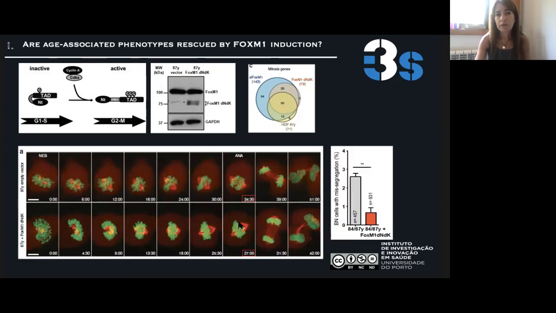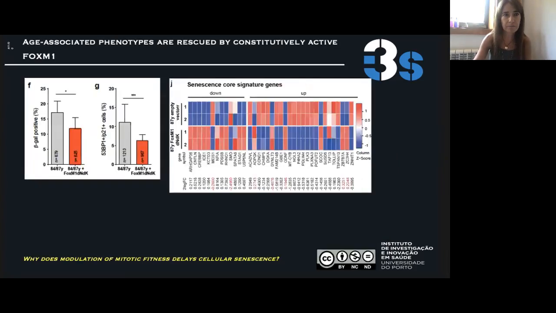Because mitosis is more efficient, we also saw, of course, decreased aneuploidy levels in these octogenarian cells under FOXM1 overexpression. Furthermore, the percentage of cells with the senescent biomarkers was also decreased, consistent with the amelioration of SASP and senescence core transcriptional signatures.